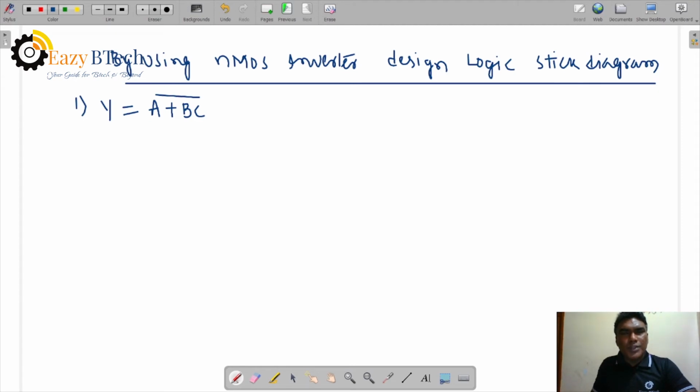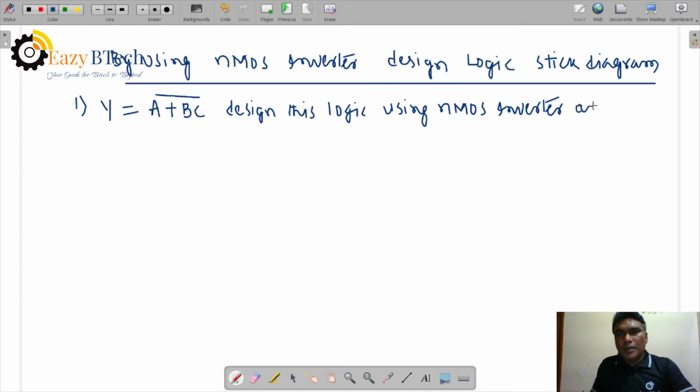We need to design this logic by using the NMOS inverter and draw the stick diagram. So let us see this one.